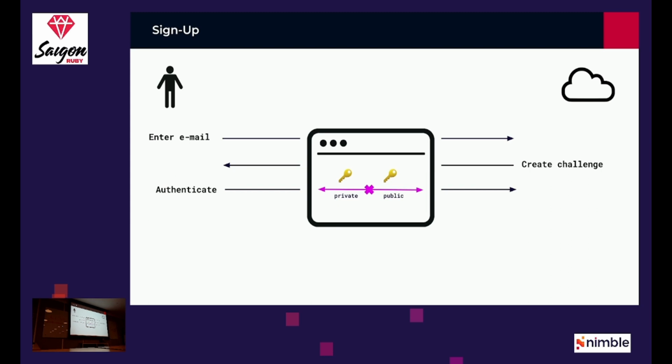And then on the client side, it will generate a key pair and sign the challenge, and the result is a public key and an authenticator ID, sent back to the server. The server will validate that credential, save the public key and authenticate the user.